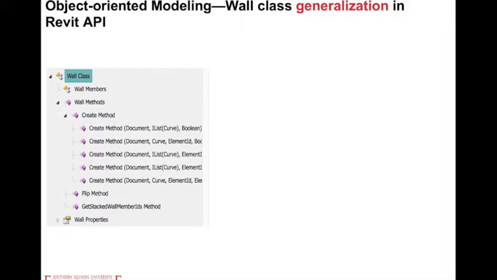Now let's dig into a more technical level. Behind this model, there is documentation and definitions on the official website. I just use the Revit API, which is the programming interface to communicate with other software. It defines its own wall class. Generally speaking, the wall class is an abstract concept.